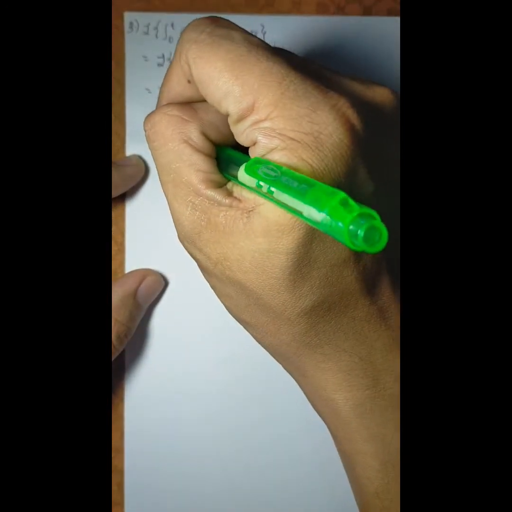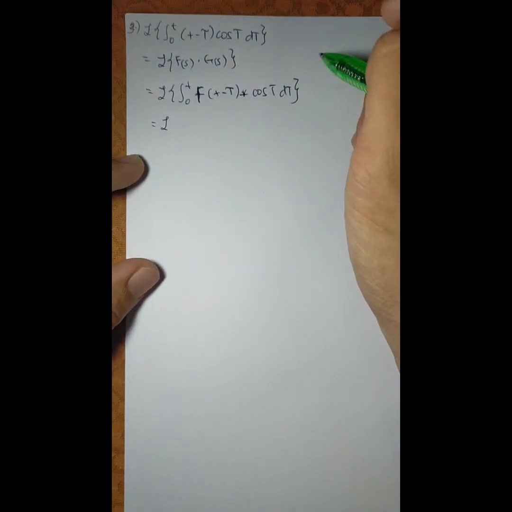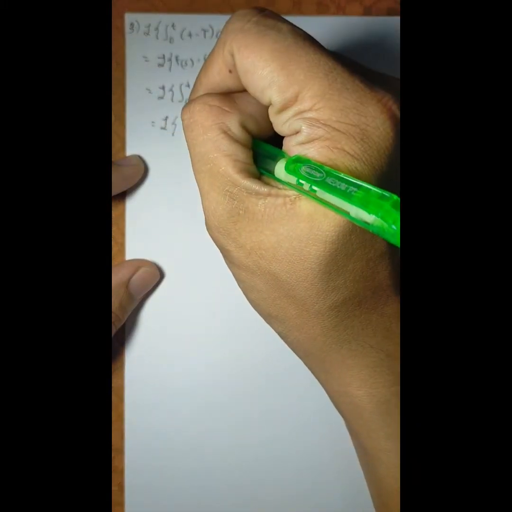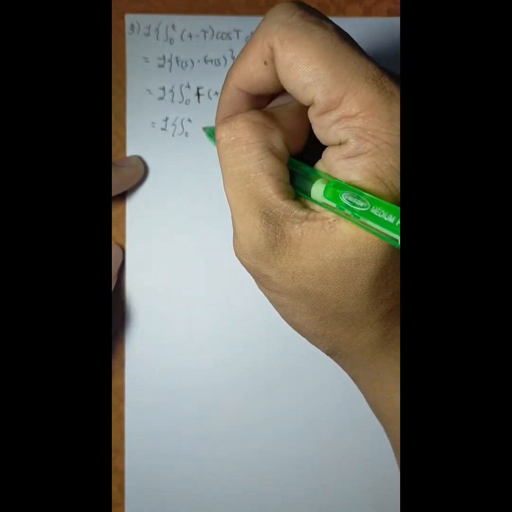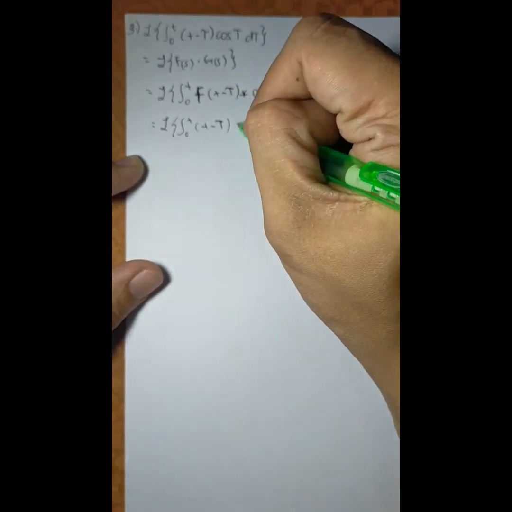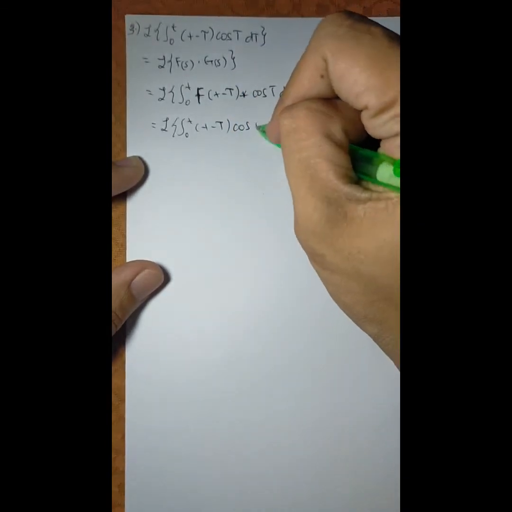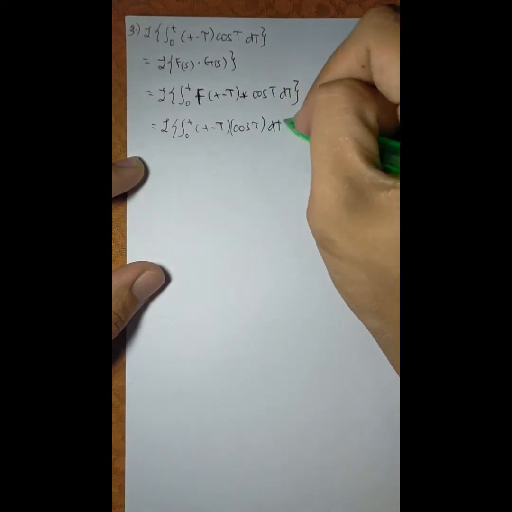This can be equal to Laplace of integral from 0 to t of (t minus tau) times cosine of tau d tau.